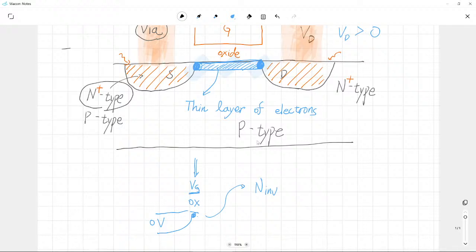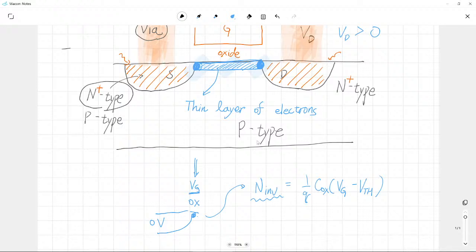The number of inversion charge will be just given by the difference between gate voltage minus threshold voltage, and of course we apply Cox to calculate the current, and this is just charge. However, now I'm asking the number of electrons, so we have to introduce 1 over Q. So you can manage that one.